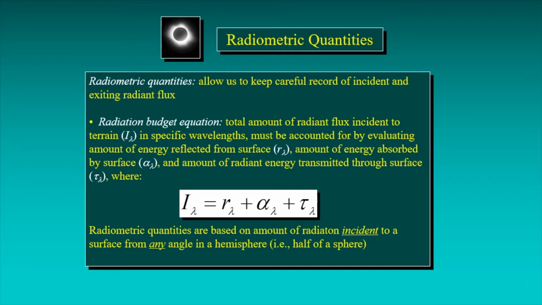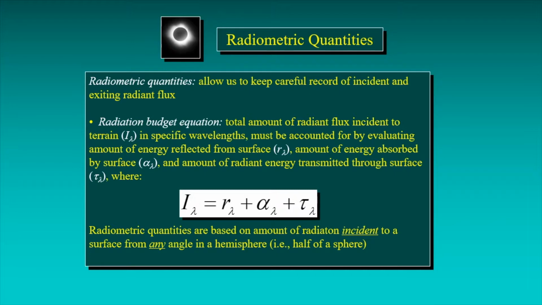Okay, so for the radiant flux, the total radiant flux that is incident to our surface, we need to account for that by evaluating the magnitude of energy that is reflected from the surface, that's little r, the magnitude of energy that is absorbed by the surface, that's alpha, and the amount of radiant energy that is transmitted through the surface, that is our tau value.